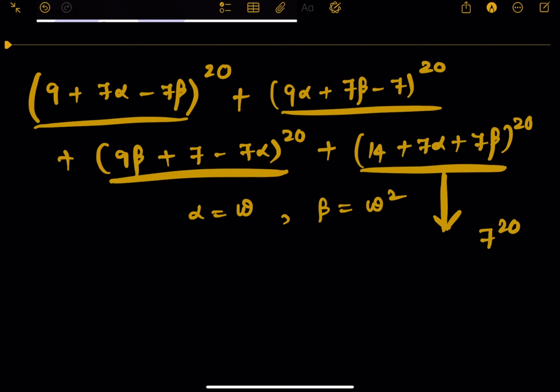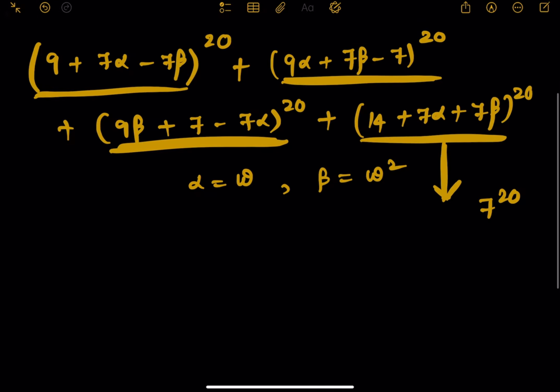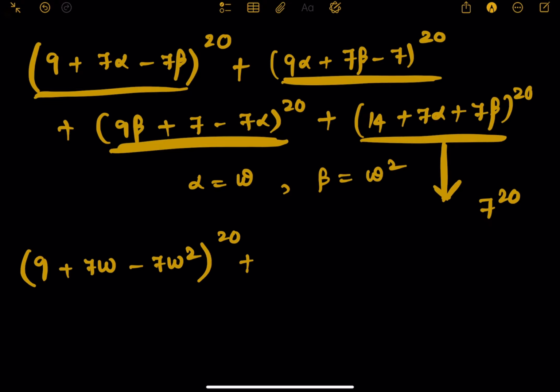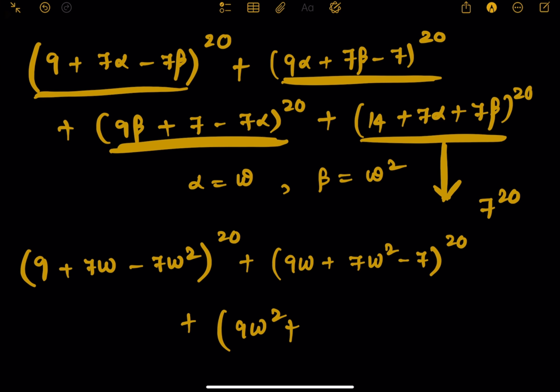The only thing we have to worry about is these three terms. And there is a very good symmetry in the terms. There is only one 9 and two 7s. What does that indicate? This is the question that you should get on your mind. All right. See, let us put the value of α. (9 + 7ω − 7ω²)^20 + (9ω + 7ω² − 7)^20 + (9ω² + 7...).